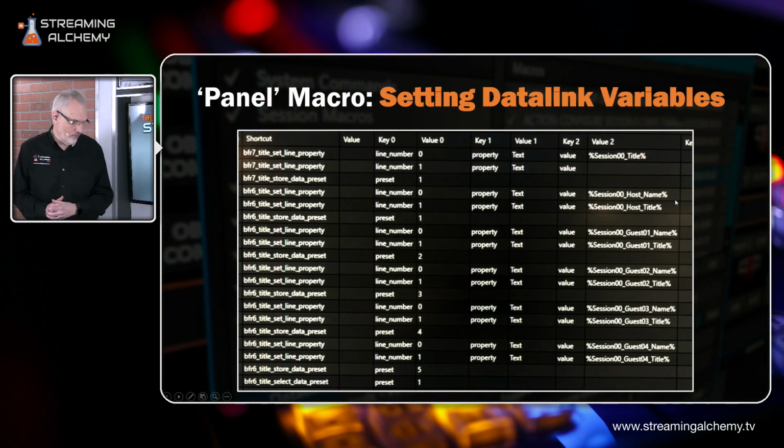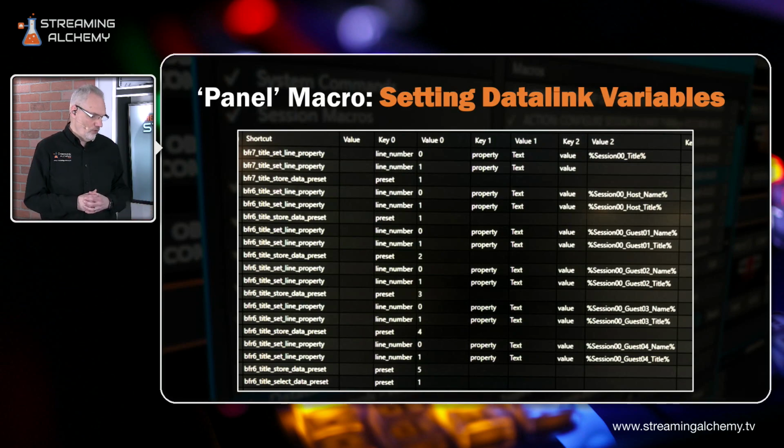Okay, so let me talk a little bit about what we had to do to set all of these things up. Because we were going to be running through multiple panel sessions, we wanted the ability to load up different panels into that buffer, like I showed when I was pressing some buttons here. So all the presets were lined up with the panels.